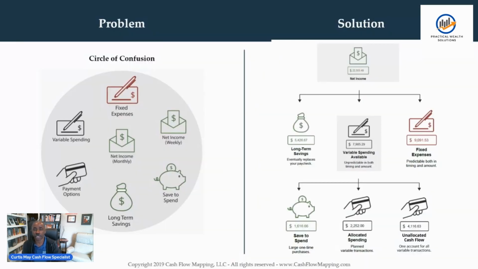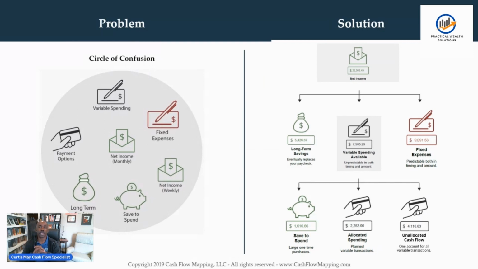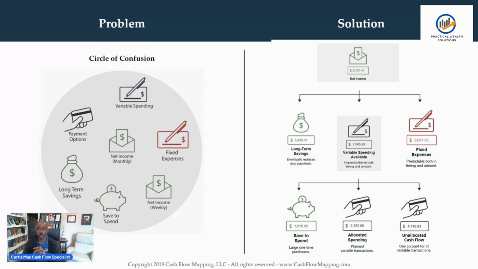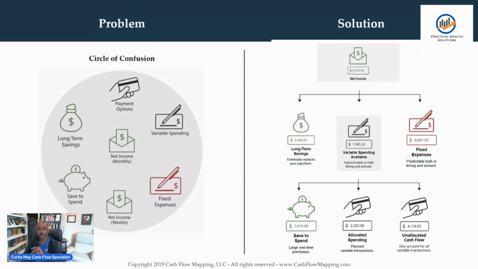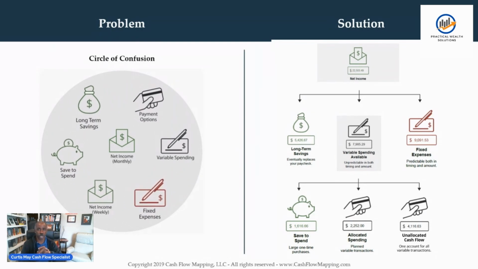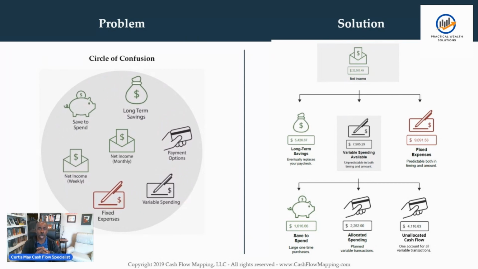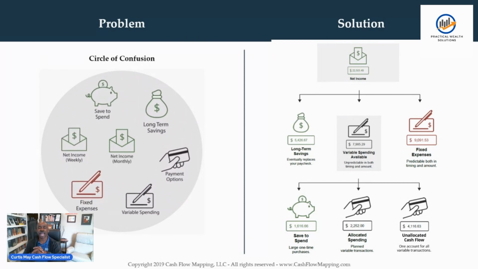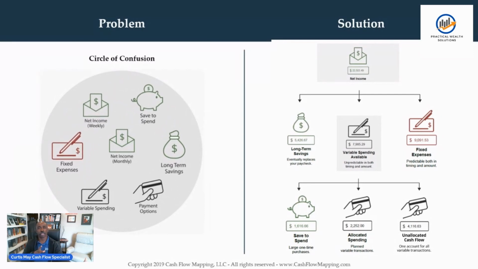Okay. So you've got to change how you apply money. So the solution is moving from the circle of confusion. The top account where it says net income, that's an account. So your reservoir, what we call your wealth coordination account. All of my earned income goes in that, what I take from the business.